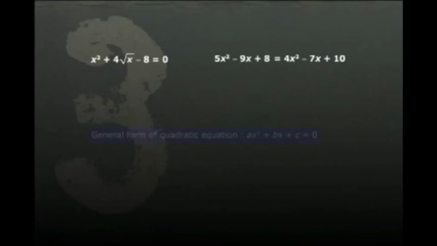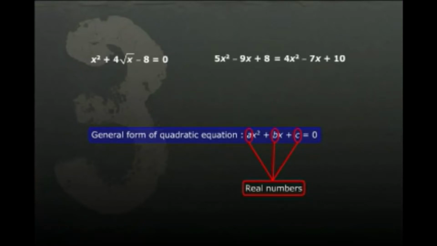Here we have two equations. x squared plus 4 root x minus 8 equals 0 and 5x squared minus 9x plus 8 equals 4x squared minus 7x plus 10. And we need to state whether these are quadratic equations or not. Remember, quadratic equations are of the form ax squared plus bx plus c equals 0, where a, b and c are real numbers and a is not equal to 0.